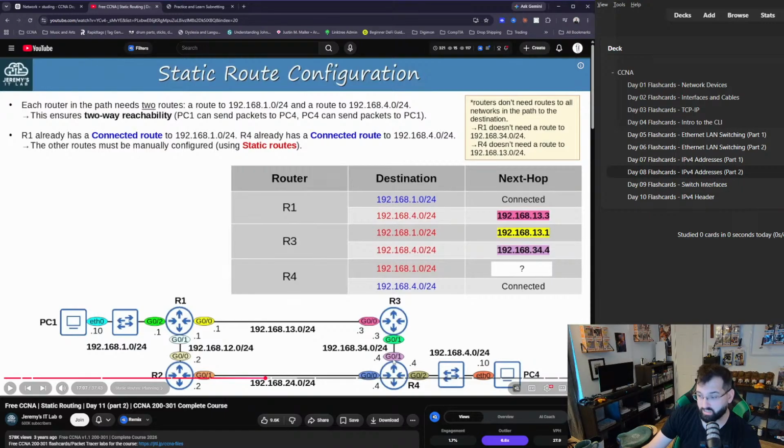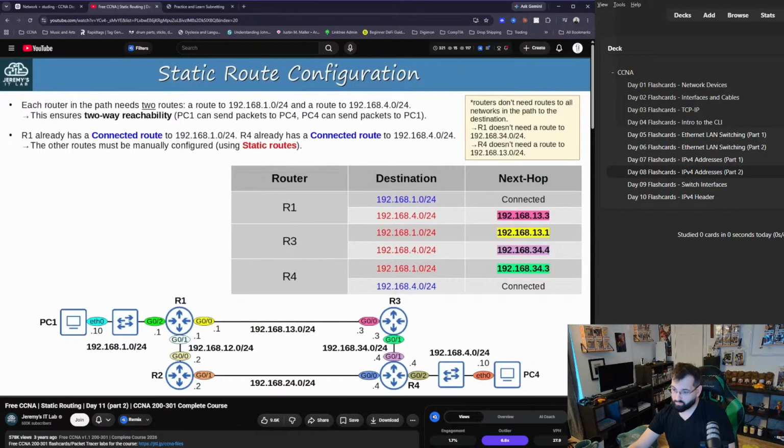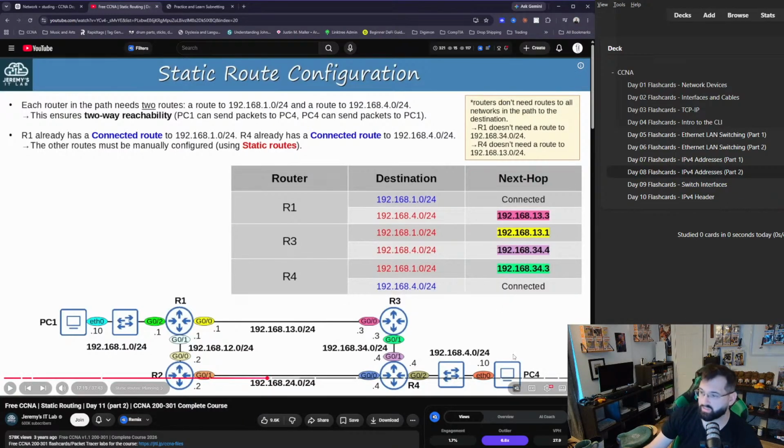So is the next one going to be 192.168.34.1? The answer is 192.168.34.3, the IP address of R3's G0/1 interface. Now that doesn't make any sense to me. Where did he get 0.3 from?